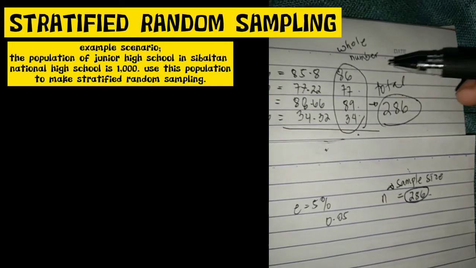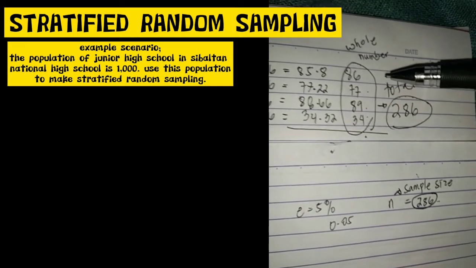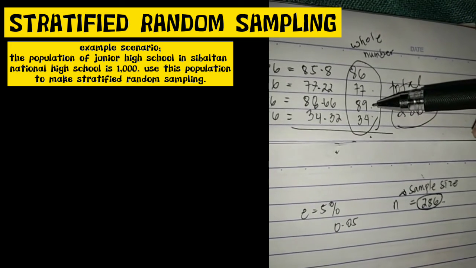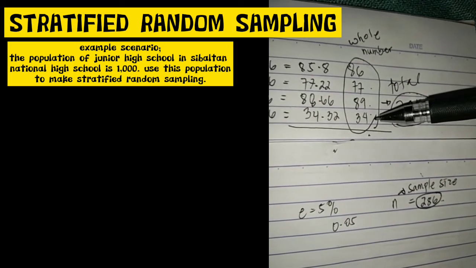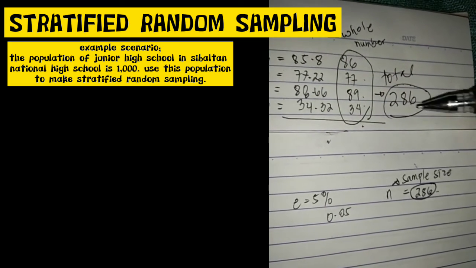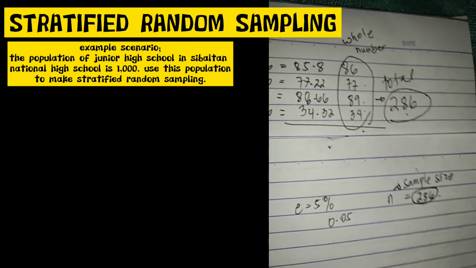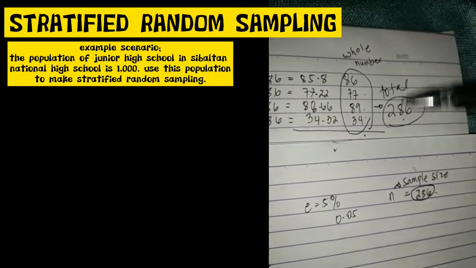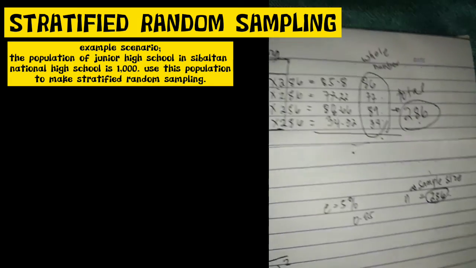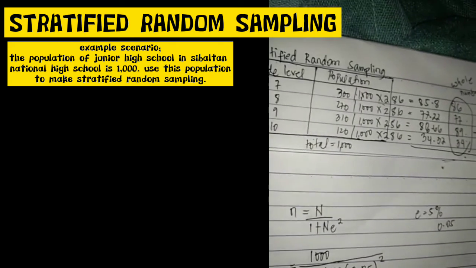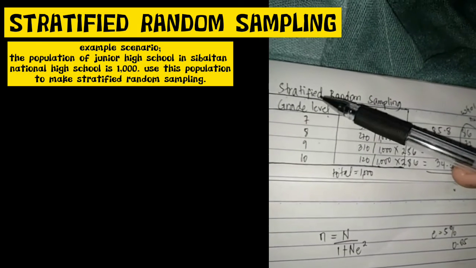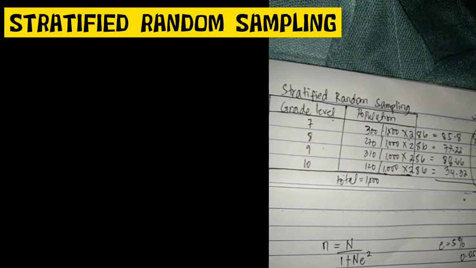So kapag pinag-add natin ang 86 plus 77 plus 89 plus 34, still equal yan siya ng sample size, which is 286. So, ganyan i-apply ang stratified random sampling. Kumuha tayo ng sample from each grade level or stratum, kaya tinawag na stratified random sampling.